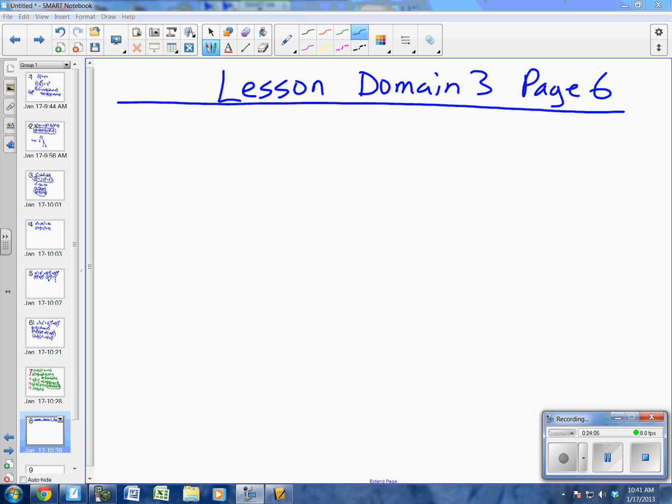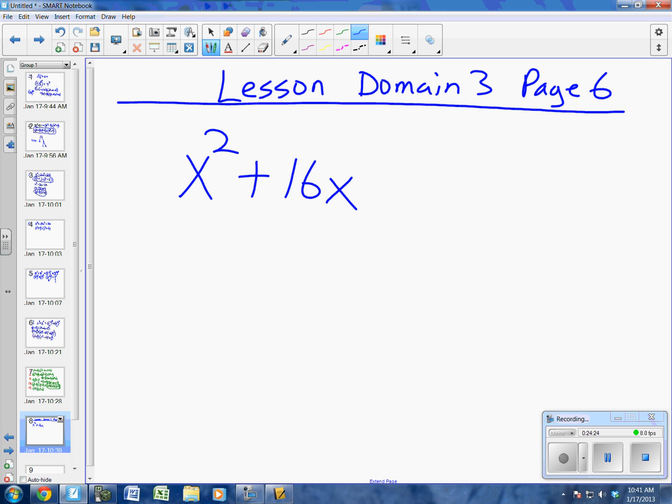We're going to write quadratic functions in factored form. Okay, so let me give you an example: x squared plus 16x plus 63. Now, this is a quadratic expression.